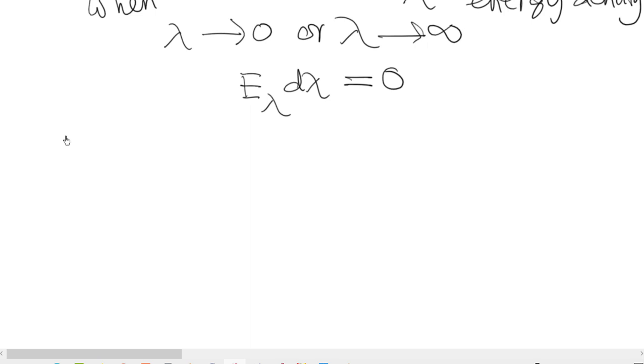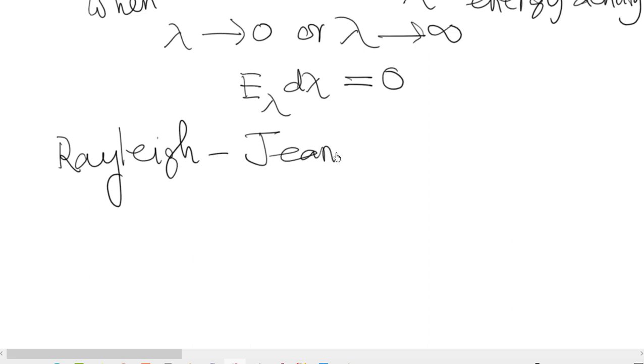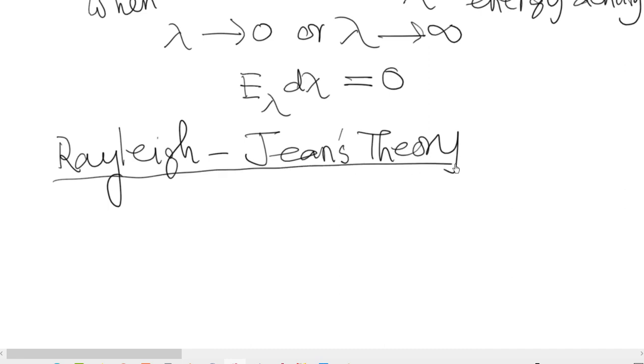Now another classical theory is the Rayleigh-Jeans law, or Rayleigh-Jeans theory. This is around 1900. Rayleigh and Jeans applied the principle of equipartition of energy to black body radiation, and they considered a black body radiator to be made up of a number of oscillators with one possible frequency for each oscillator.